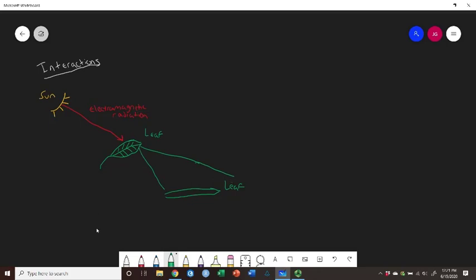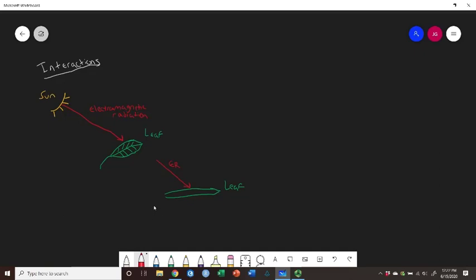I'm going to erase those lines because we don't want to get too confused. So we're now looking at our leaf from the side, and I just want to quickly go through what happens when this electromagnetic radiation hits the leaf. So we have the incoming electromagnetic radiation here. I'm going to abbreviate that ER.